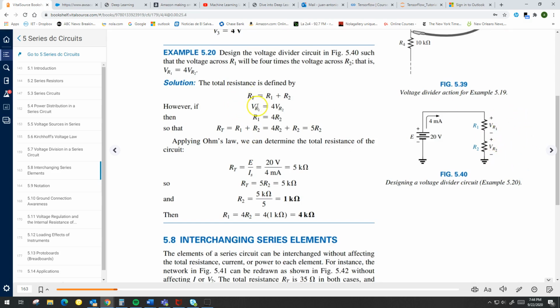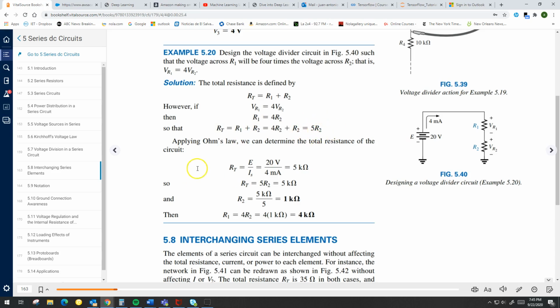We want VR1 equal to 4 times VR2, so that means that R1 is going to be equal to 4R2. Remember that voltage ratio rule, right? It's always the case. So the total resistance, again, using this expression, we can substitute R1 equal 4R2 here. So the total resistance is then 5 times R2.